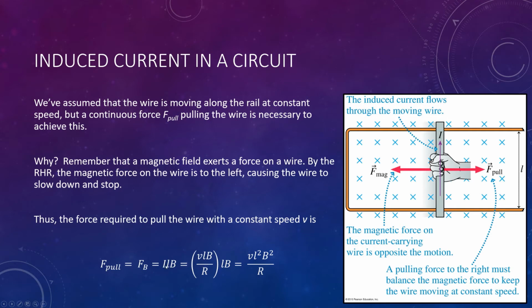And remember on our last slide, we expressed the current as vLB over R. Okay, so this is just the force on a wire that we talked about before, and then we plugged in our expression for current. Now I simplify this. We have two L's and two B's, so we can simplify by simply squaring those two terms. So we end up with the force being v L squared B squared over R.